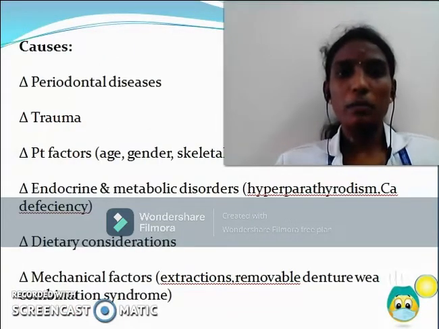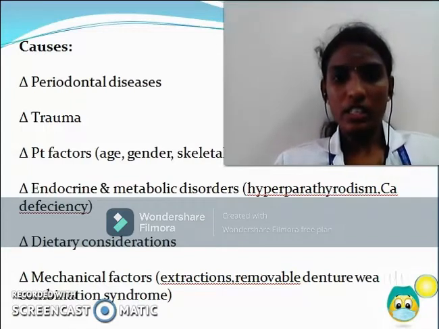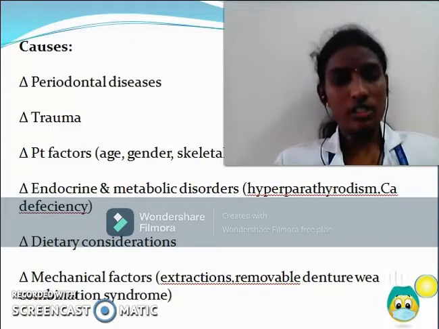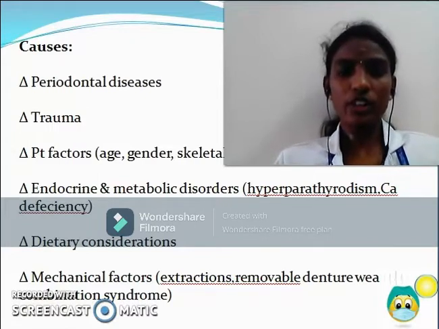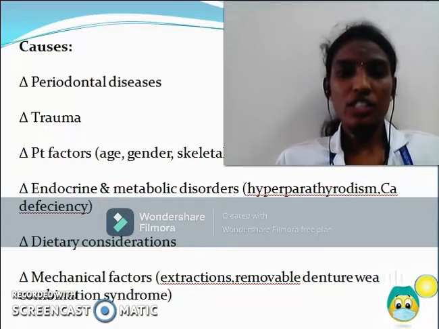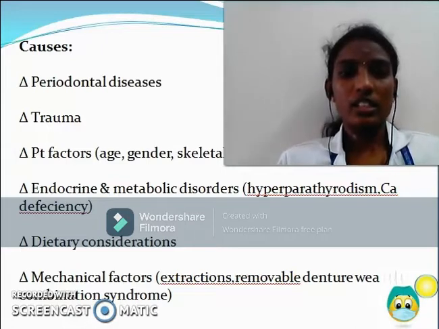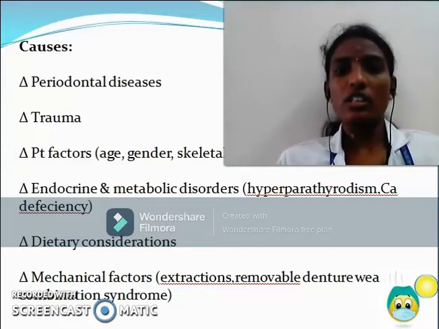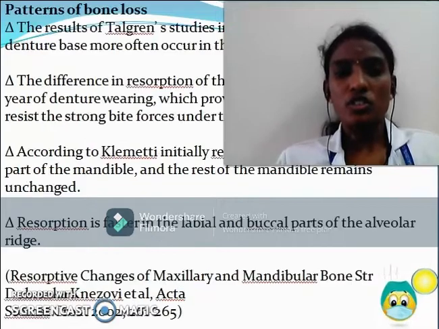It is caused by periodontal disease, trauma, patient factors like age, gender, skeletal and morphological function, endocrine and metabolic disorders like hyperparathyroidism, calcium deficiency, dietary considerations, and mechanical factors like extraction, removable denture, hearing aid, and combination syndrome.